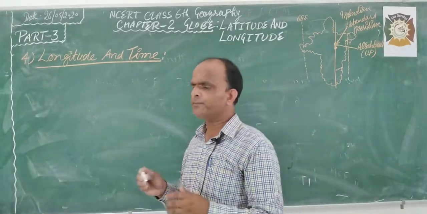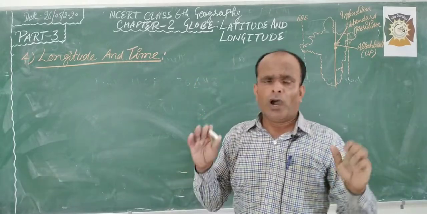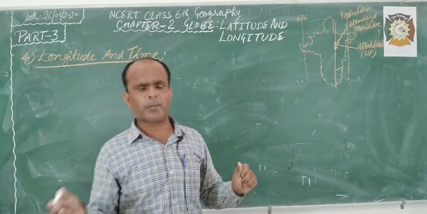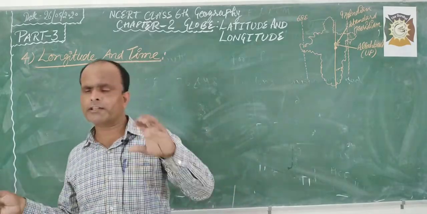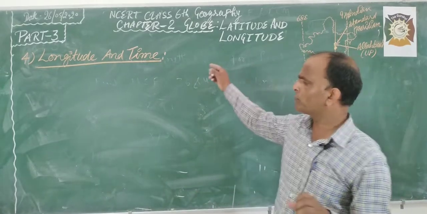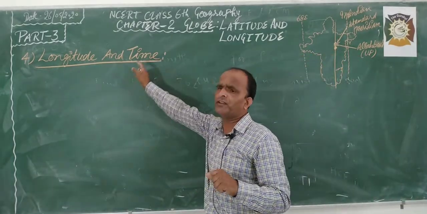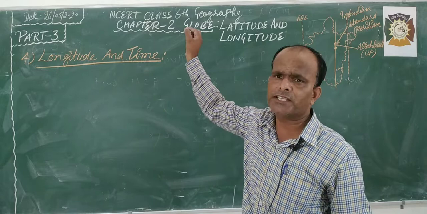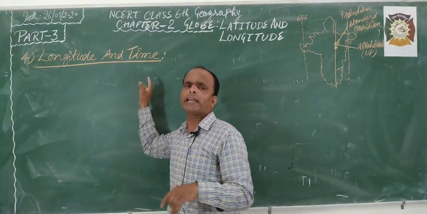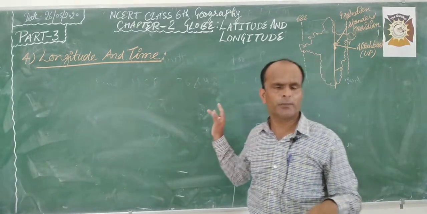So, what is the link between longitude and time? The prime meridian. You know where the prime meridian is located? The prime meridian is located at Greenwich, which is in the UK, and it is counted as the universal point to calculate any time.